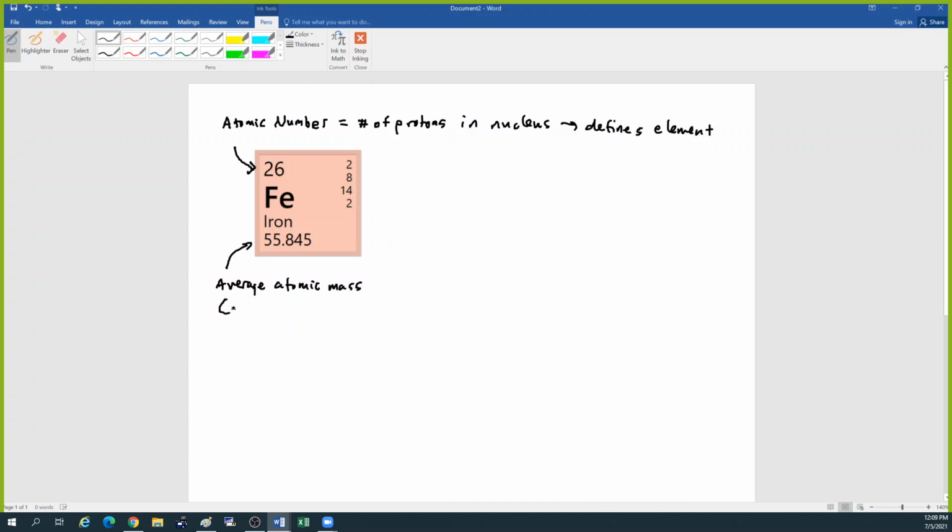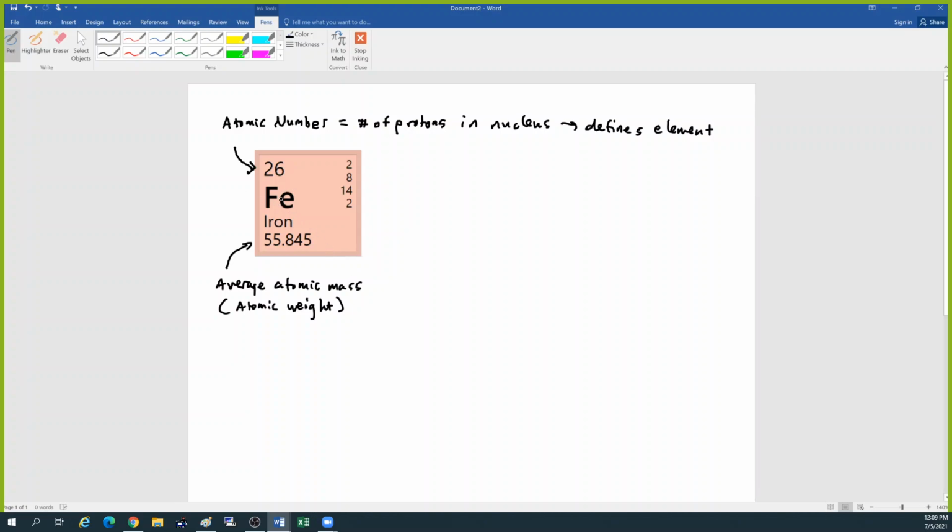You might also hear it referred to as the atomic weight, but usually I'll call it the average atomic mass. And the fact that it's referring to an average means that atoms of iron must come in different weights, right? Because if we're averaging them, there must be more than one kind of iron atom. And there's a name for that. We'll see if you know that in a minute.